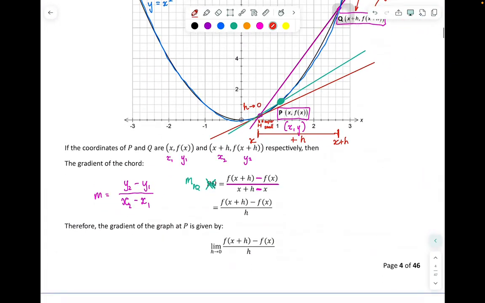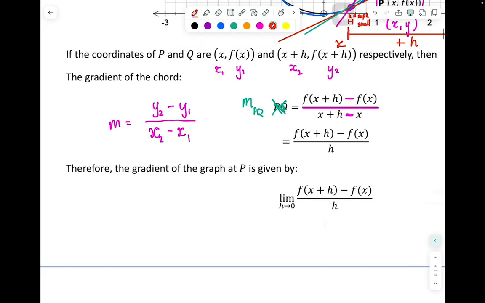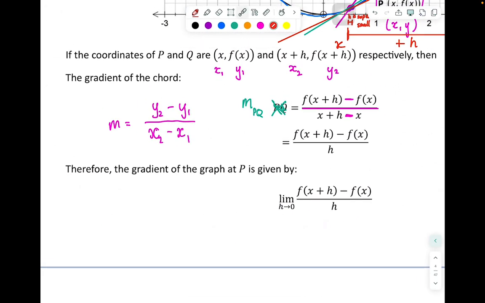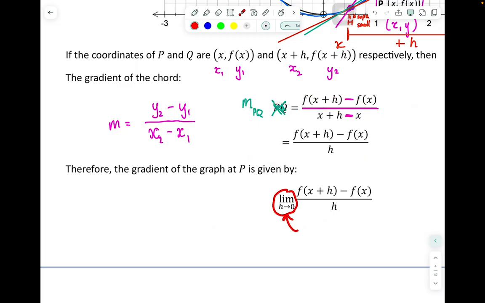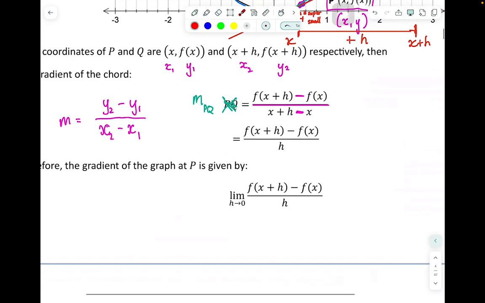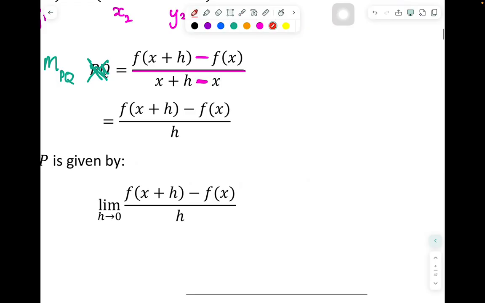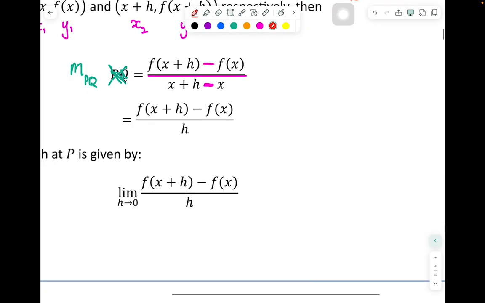And this is where we reintroduce the concept of limits. This is the gradient between 2 points that are far away. And when we say that h is approaching 0, we are bringing these 2 points super close together. I will write that down.